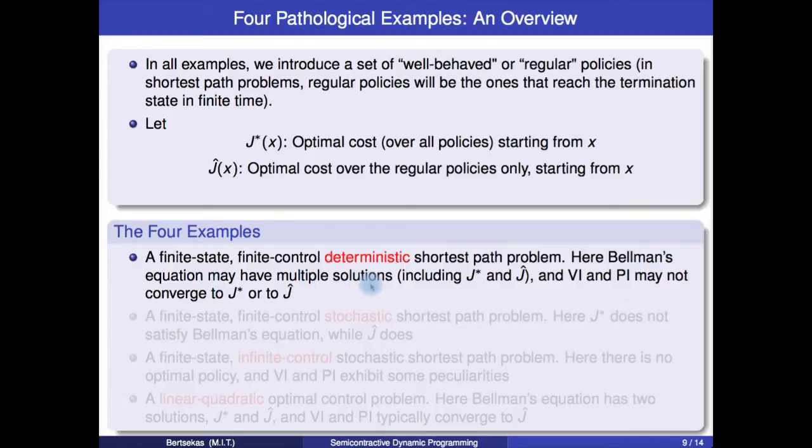In fact, an infinite number of solutions, including J star and J hat. And it is also possible that the value and policy iteration methods do not work. They may not converge to J star or to J hat. In fact, the policy iteration method may not have the policy improvement property. It may generate a sequence of policies that oscillate in terms of cost and include strictly suboptimal policies.